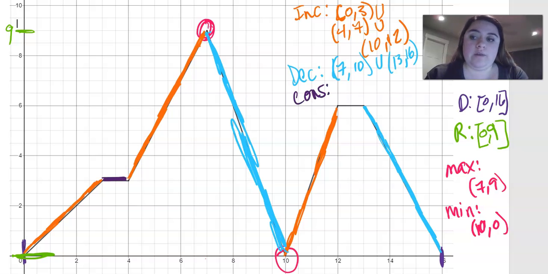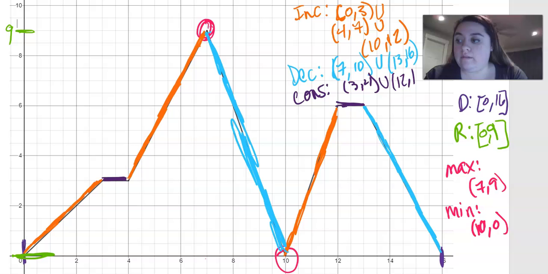One of my constant intervals is from 3 to 4. Once again, a reminder, we're using the x values, not y values, for these intervals. We've got one other constant interval, and that constant interval is from 12 to 13. So from 12 to 13 is where we have our second constant interval.